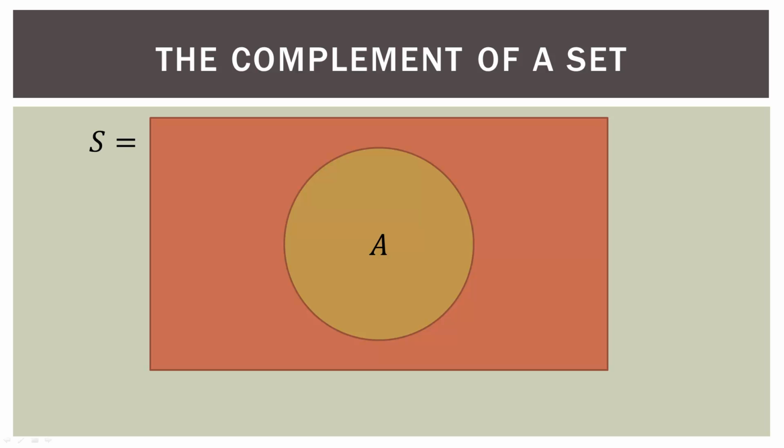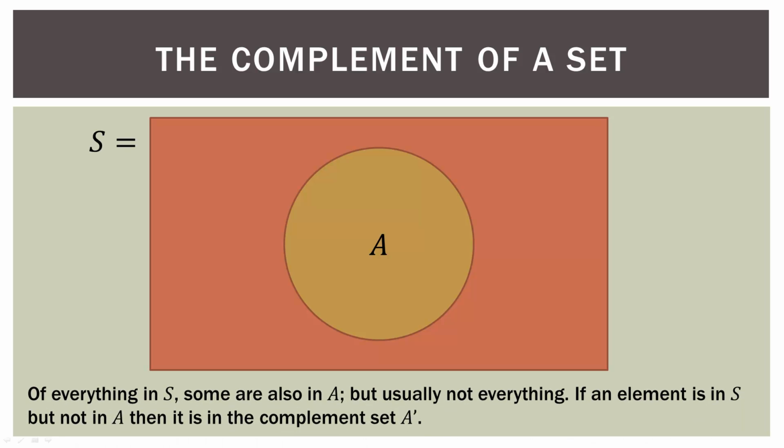Now inside that universal set, we can have all kinds of subsets and intersections and unions and all kinds of stuff. So think about this. Everything that is in S, some of them are also in A here. So all of A is inside our universal set. There'll probably be some things in A and some things outside of A. So if an element is in S, but it is not in A, so it's sort of in the orange floating around outside there, then we call that the complement of A, which we denote with A prime.